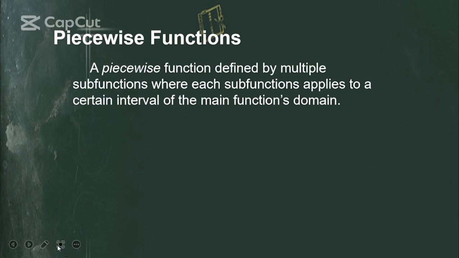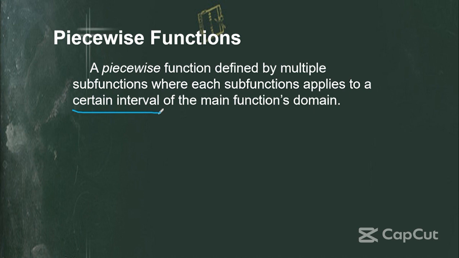Where each sub-function applies to a certain interval of the main function's domain. So, nag-apply sila sa certain interval. That means there are restrictions on when to use a certain sub-function of the main function.